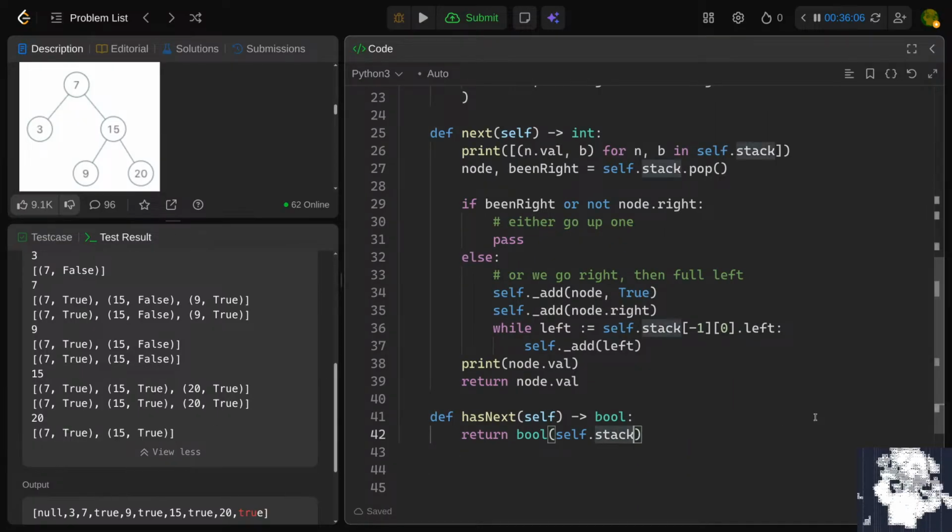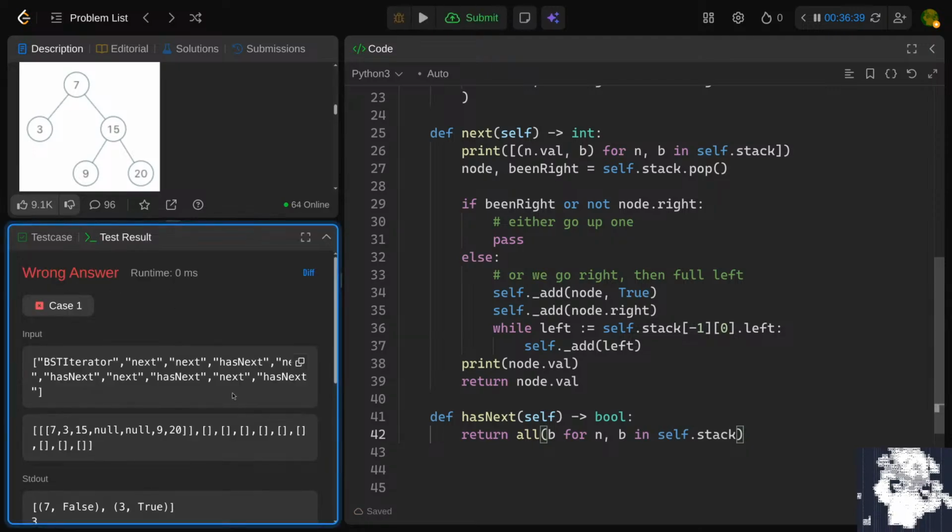So what we could do here is just say, return all of b for n, b in self.stack, like been right.